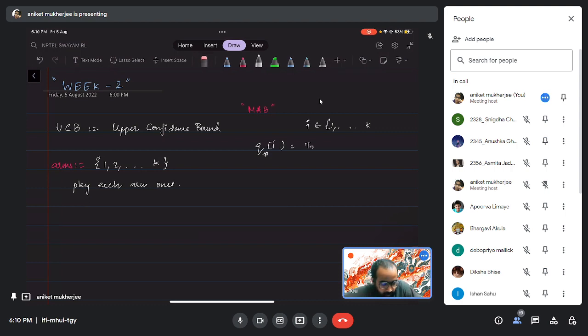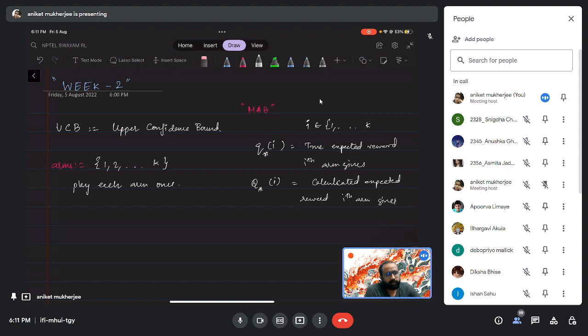This is the true expected reward the ith arm gives, and Q star i is the calculated expected reward the ith arm gives. I hope this is clear to everyone, because there were some doubts in the forum where people said the notation was not clear.